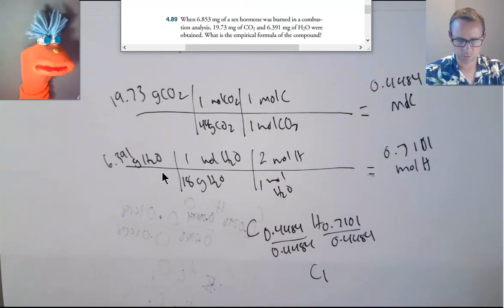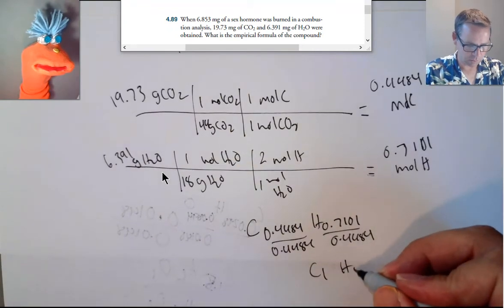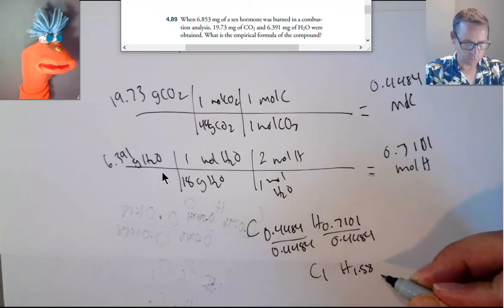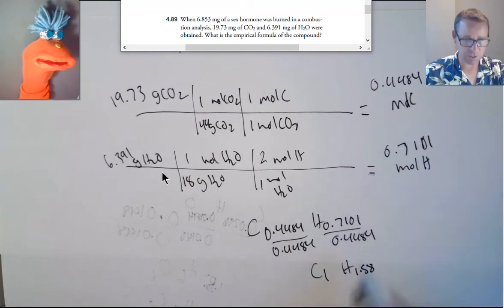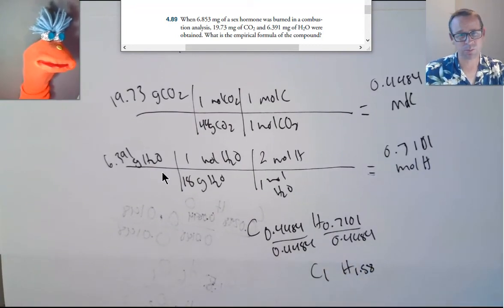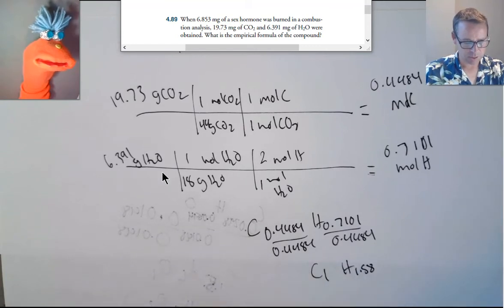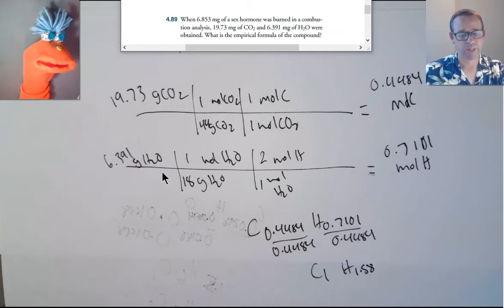I don't know, let's figure it out. 1.58. That's a rough number. So when we get numbers that aren't exactly 1.5, I'm sure it's 1.5. So it would be C2H3. That's a weird empirical formula.